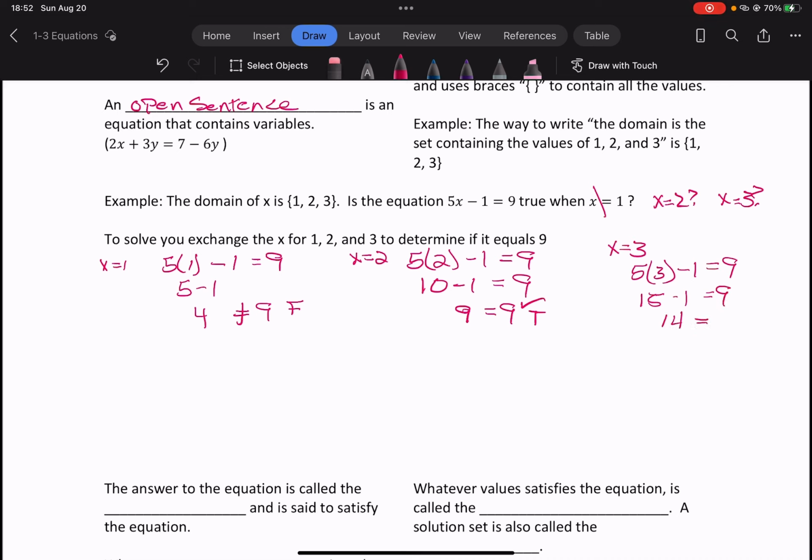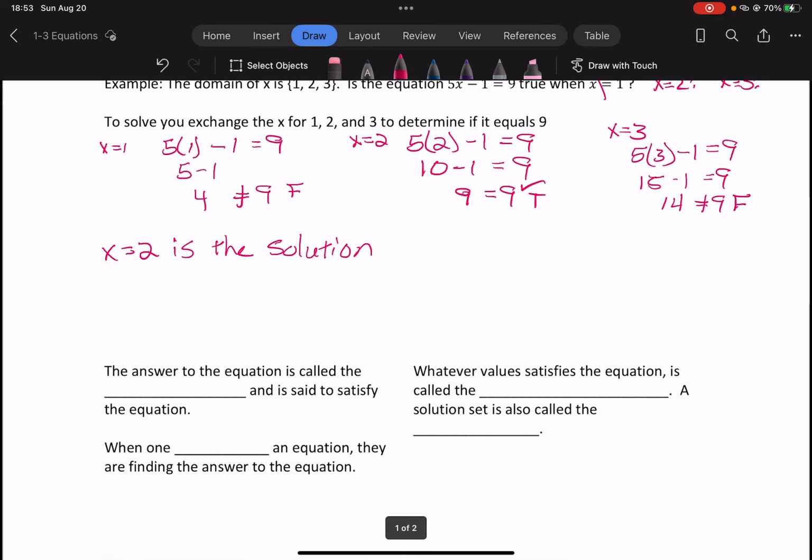Well, 14 does not equal 9, and that is false. So the answer is x equals 2 is the solution. And we just solved an equation for the proper x value.